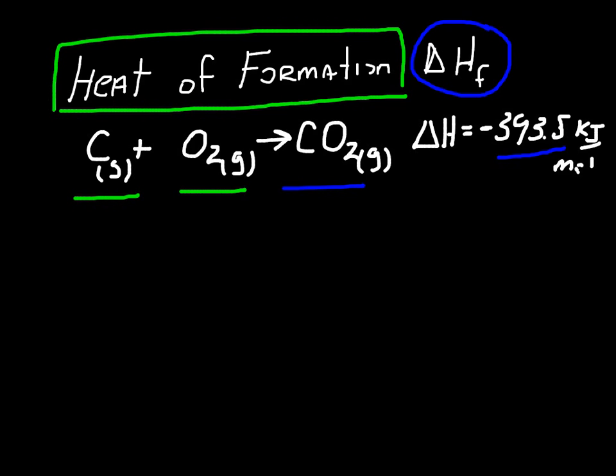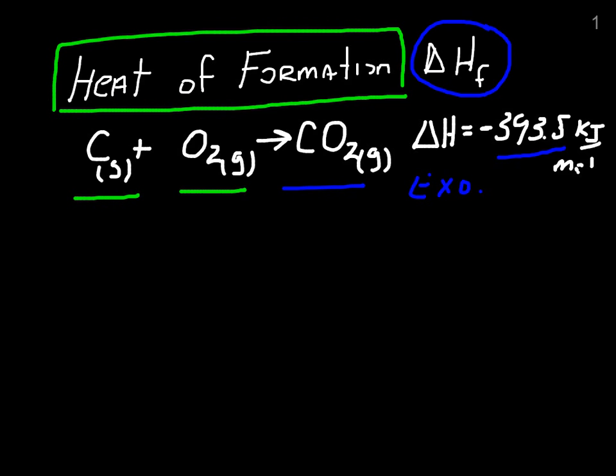Now, that negative indicates that it's exothermic, so that would give off heat. I could have also put that amount of energy incorporated into the product side of the equation. But that's the amount of energy that's going to come out when CO2 is formed. Being a relatively large negative number indicates that CO2 is pretty darn stable, and it is.